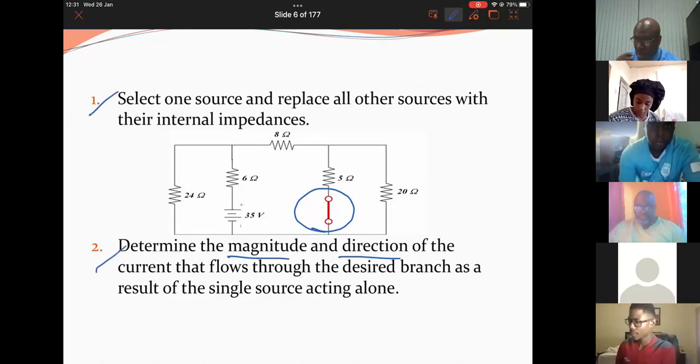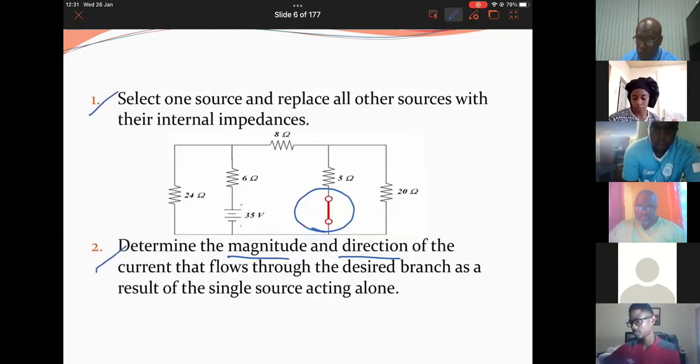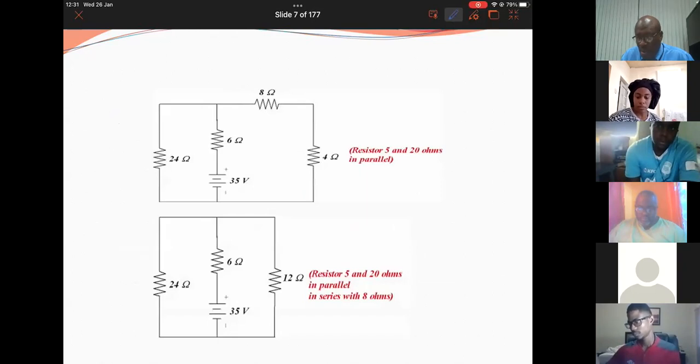So we determine the magnitude and direction of the current that flows through the desired branch as a result of the source acting alone. So for this network, yes, we then, I'm using circuit reduction, but of course we don't have to.